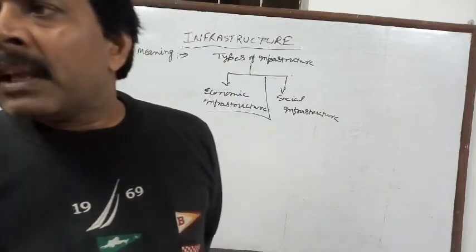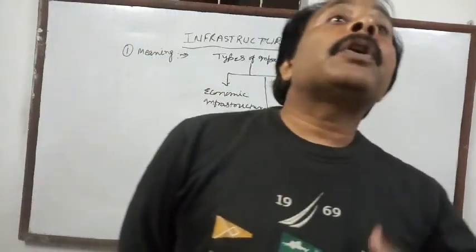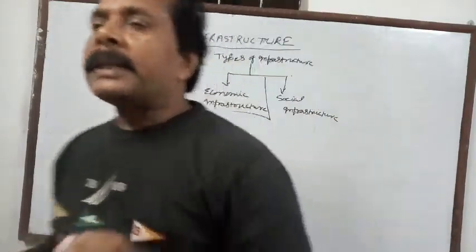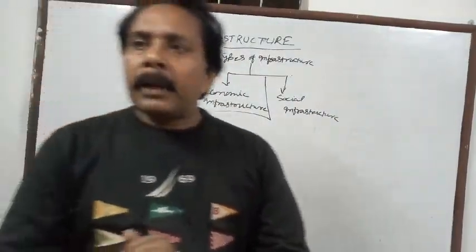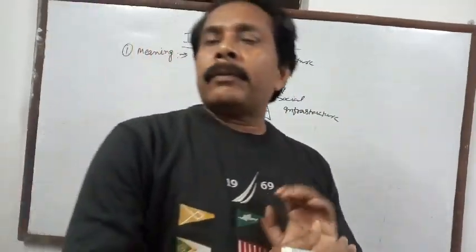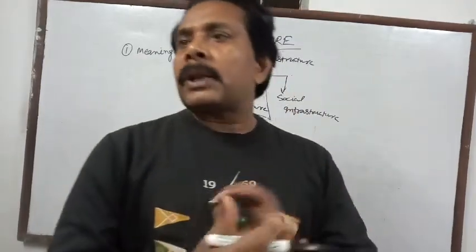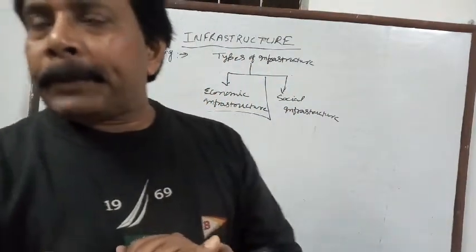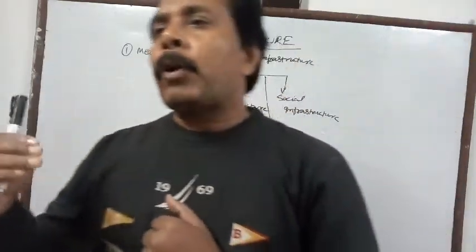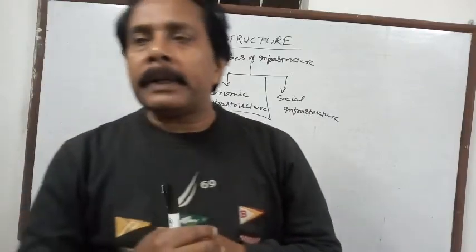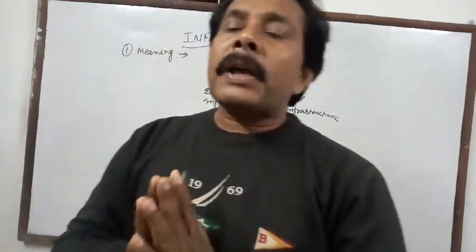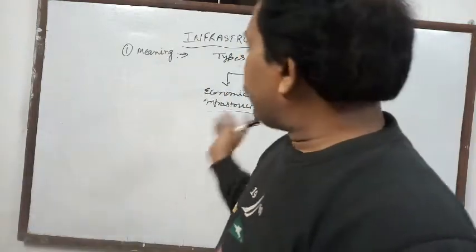Here it increases the efficiency of human capital. So on one side is the physical capital and on the other side is the human capital. One makes the stock of physical capital, whereas the other makes the stock of human capital. One is essential for economic development, whereas the other is important for social development. So in this way we can divide the infrastructure into main components.